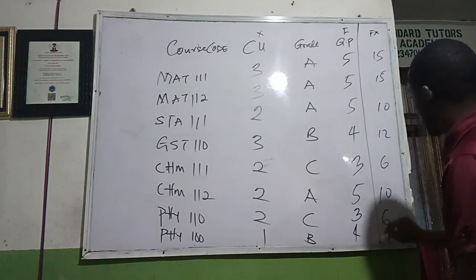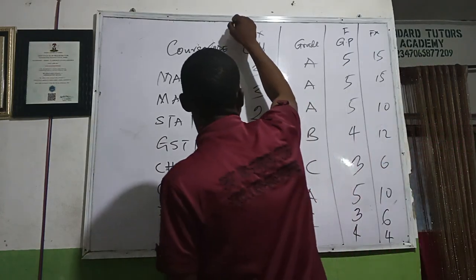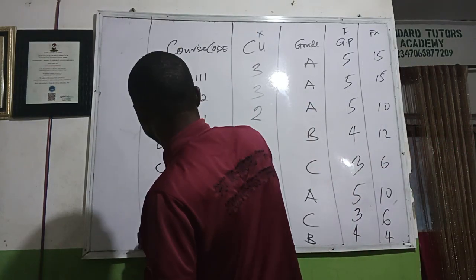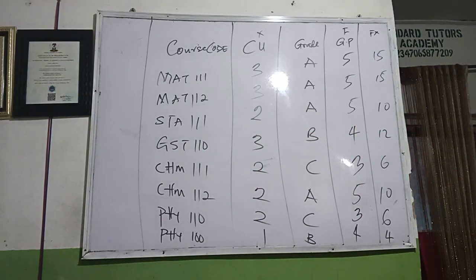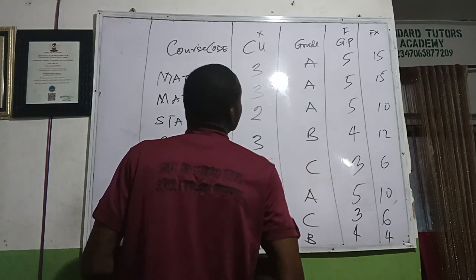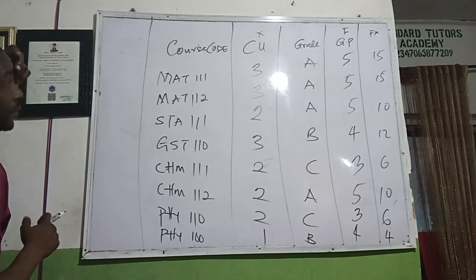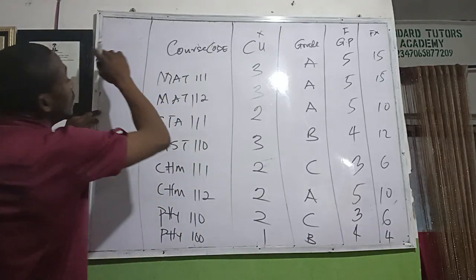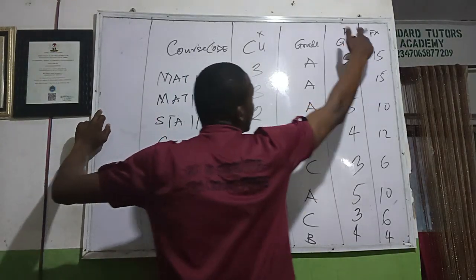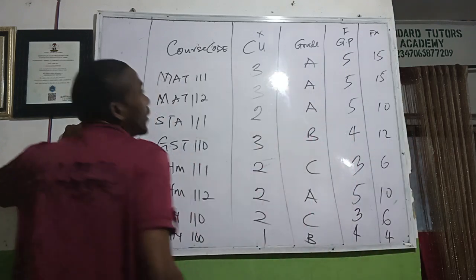Alright, this is what we have had. How do I now go about calculating my CGPA? I'm going to add up the summation of your grade points.